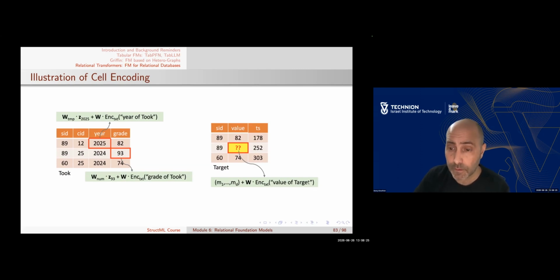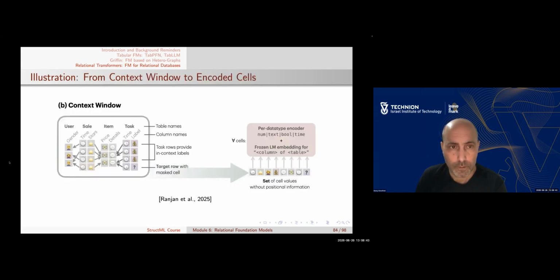It can be sales of items, or purchases of a user. So it can have an actual meaning.